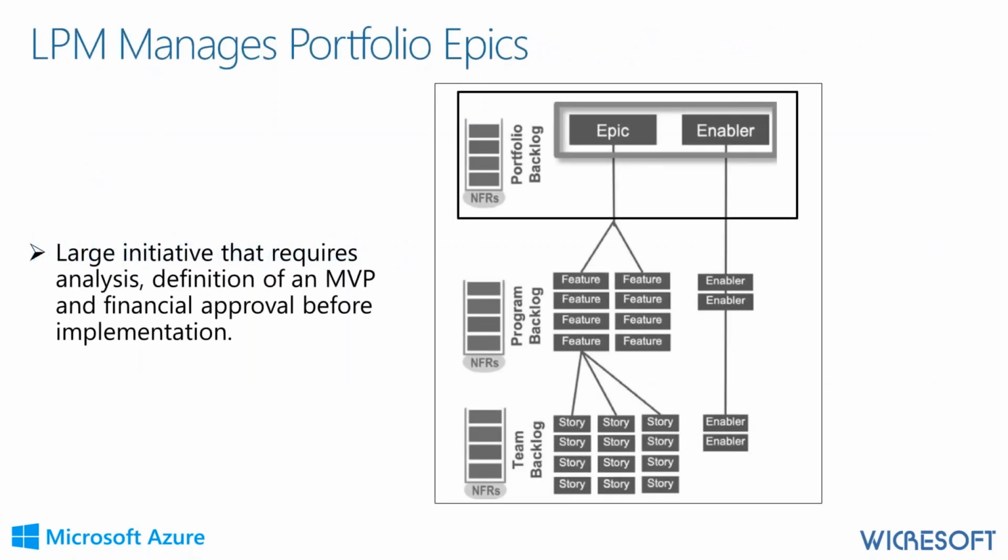So let's quickly go through some of the steps. So the first one is the portfolio. Lean portfolio management really deals in managing this portfolio backlog of epics. So not to underestimate the need to do program planning at the teams level or teams managing the teams backlog for stories, but essentially what we're doing is creating these epics, passing them down to the program manager in order for them to be decomposed as features into the program.